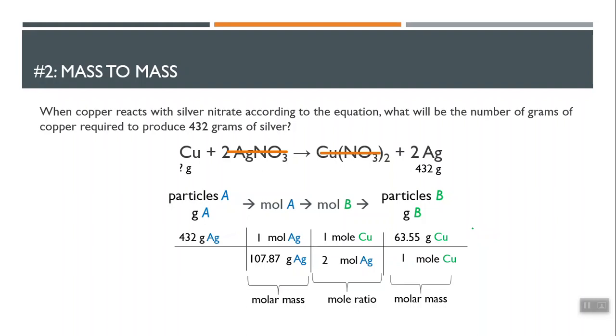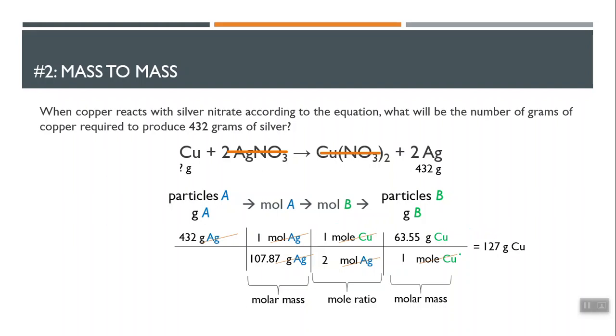Okay, and then we cancel out the like units. That way we end up with grams of copper, multiply across, divide by whatever's on the bottom. If you're using a TI calculator, make sure you are using parentheses, right? And you're getting an answer of 127 grams of copper.